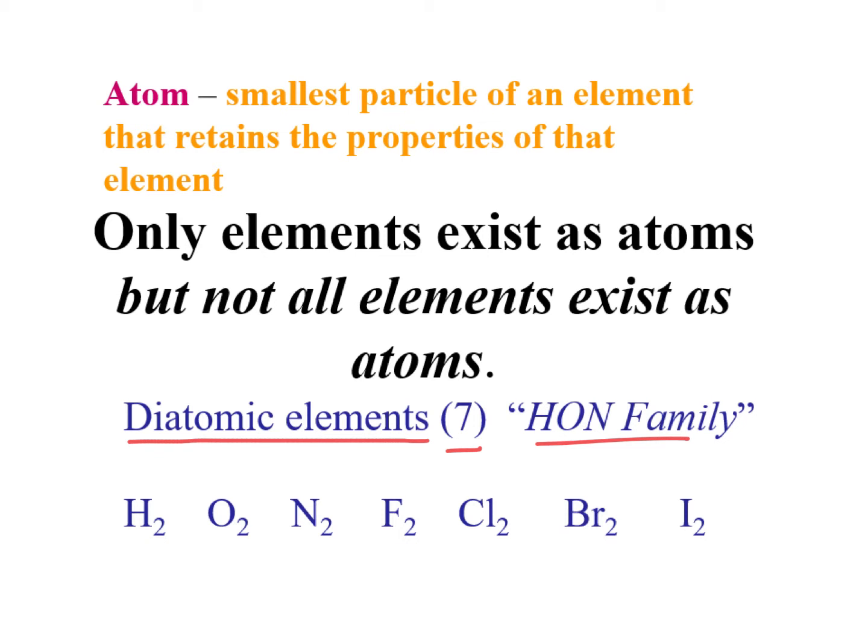Some people call it the HON family because the first 3 here spell out HON, and if you look at the periodic table, fluorine is over on the right, and right underneath it is chlorine and then bromine and iodine, in a column that we call a group. They're a family. So the HON family means we've got HON, and fluorine's family there. Just one way to remember it.